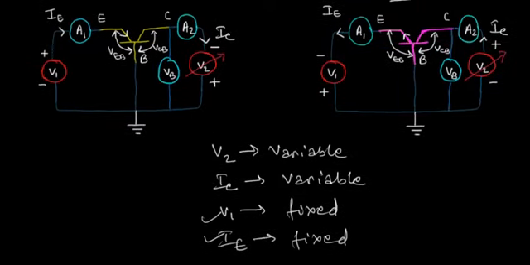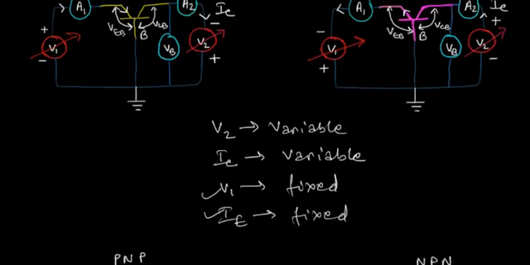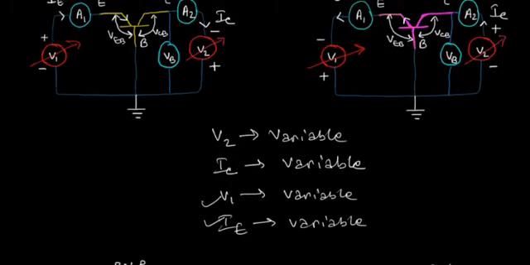Now if we take a look back into these circuits over here, we've kept the input voltage, that's V1, as fixed. If we make V1 variable and study the effect of variations in the values of the emitter current on the output characteristics, then we're going to notice something like this. Let's start from the beginning.